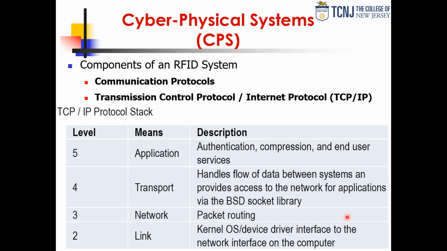So the mapping is pretty good. You do have all the functionality, but you just have fewer layers in the stack, given the fact that it was conceived before the OSI model. So in a sense, the OSI model is a better model. It's more elegant and therefore more robust, although TCP/IP does have a very entrenched user base.